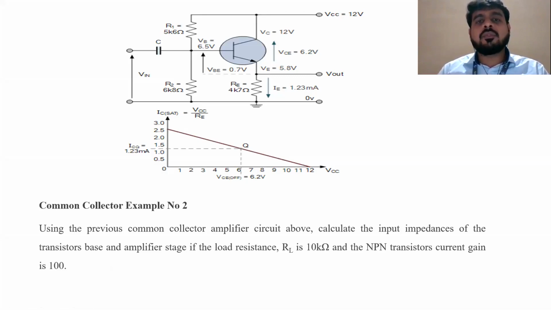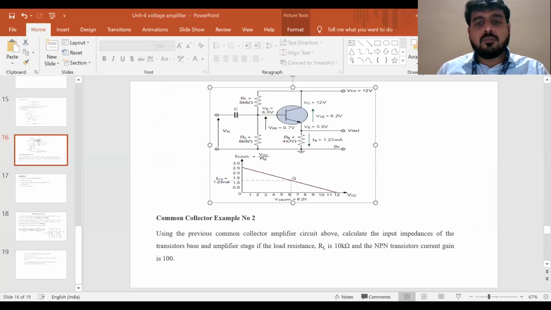We have studied the impedance and the load impedance. There is only one formula for input impedance that we can find out directly. Input impedance is related to the bias resistance.